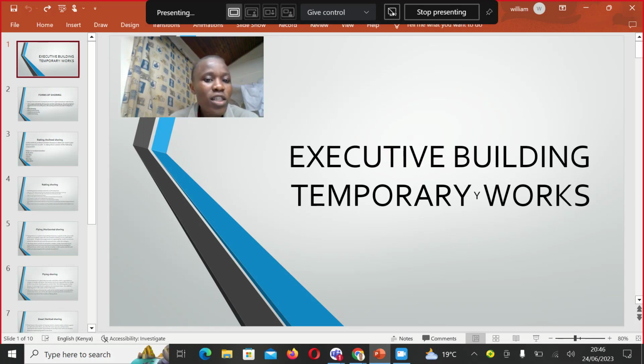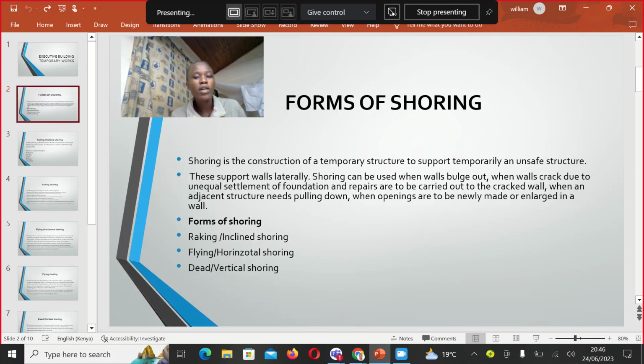You are good students. Now, our today's lesson will be about forms of shoring. Before we begin on forms, we have to know the meaning of shoring.